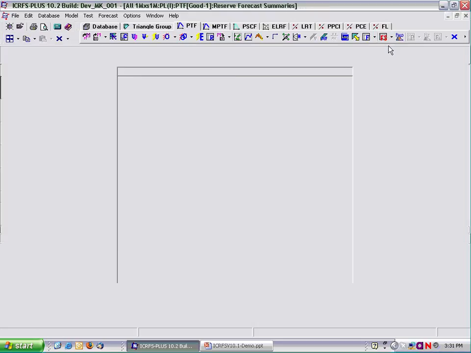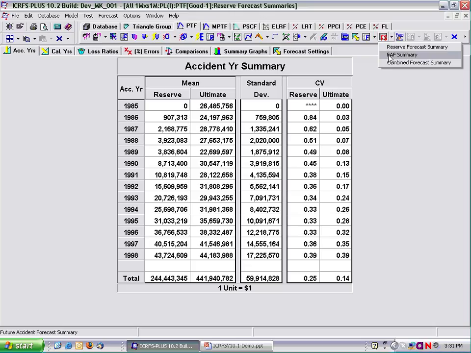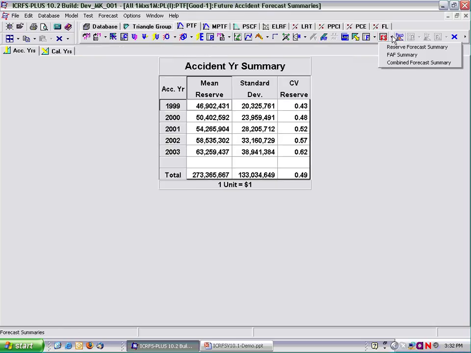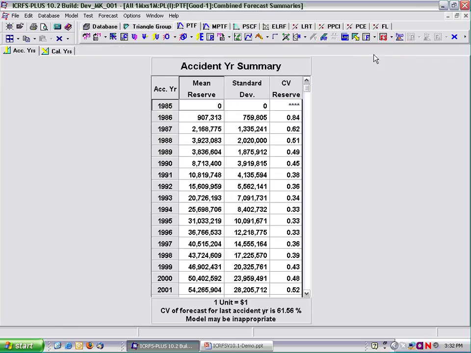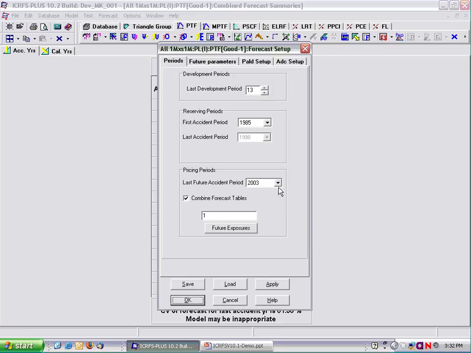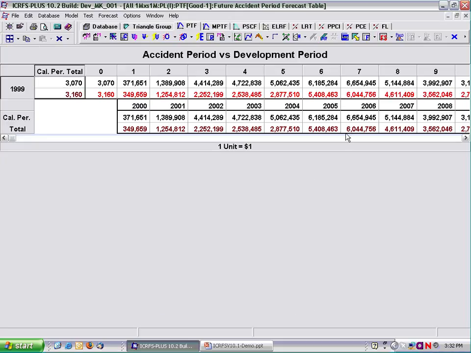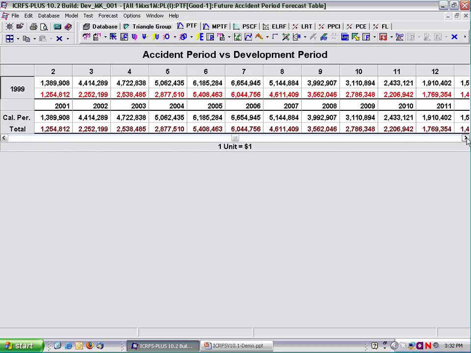You have the reserve forecast summary, you've got the future accident year forecast summary, and you've got the combined forecast summary. Let's suppose instead, just to get rid of some of the tables, but we're still going to illustrate the same ideas without any loss of generality, why don't we just forecast 1999, just 1 year going forward in terms of pricing years. So now we've got, this is the future.